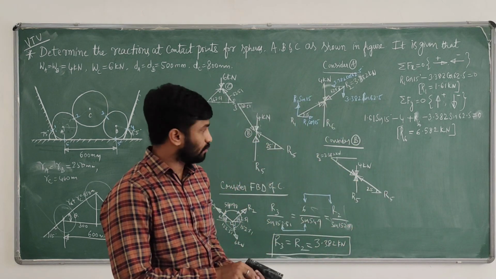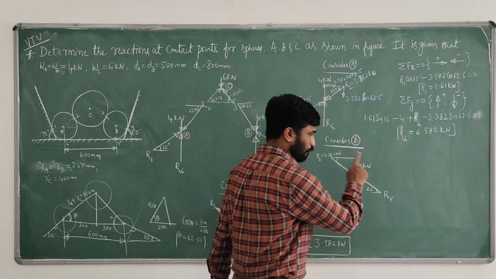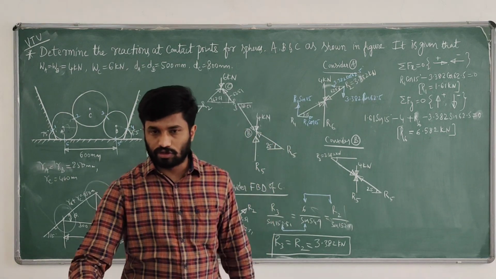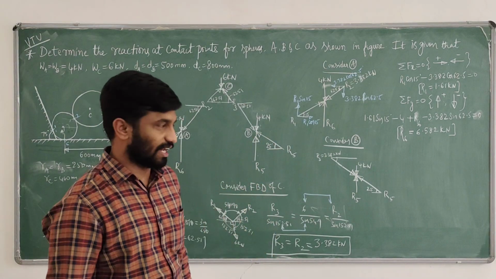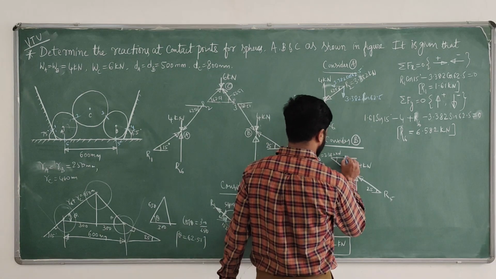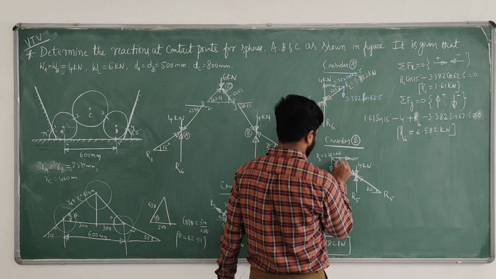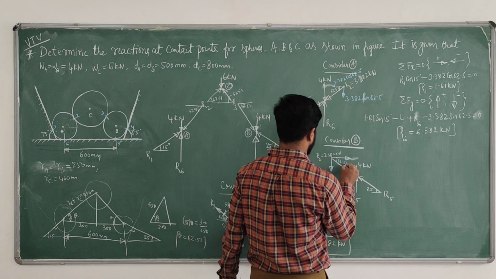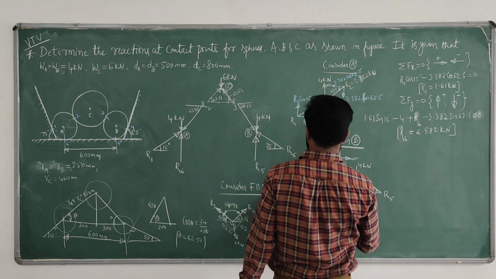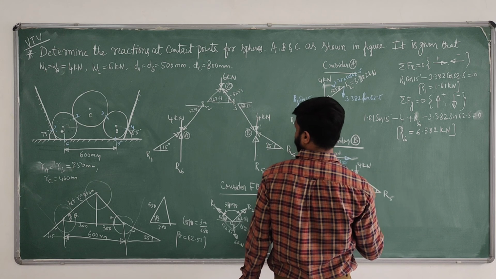Now you resolve this. Because there are four forces, we don't apply Lami's theorem; we must go for equations of statics. This angle is 62.51 degrees, known because we computed it here.